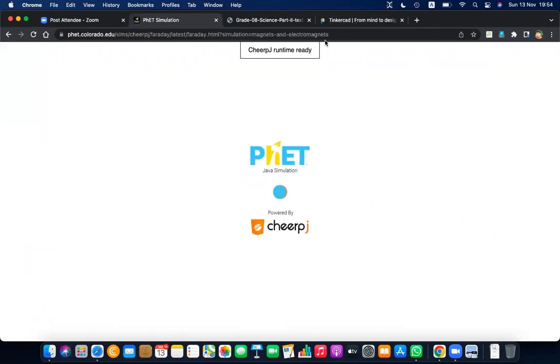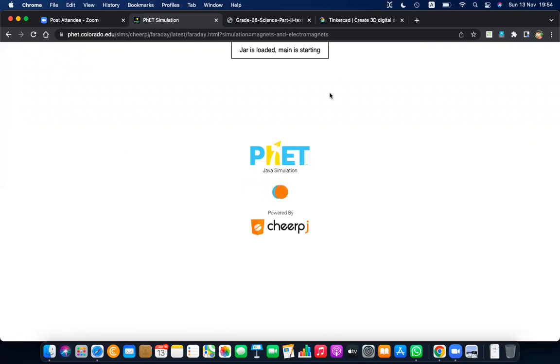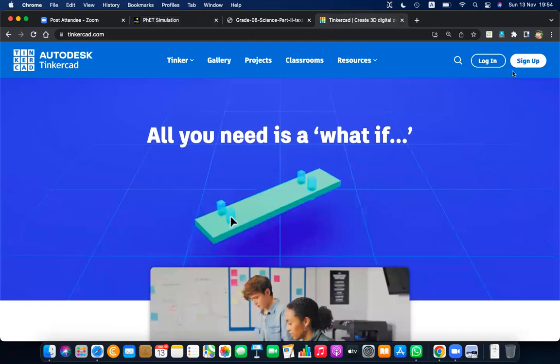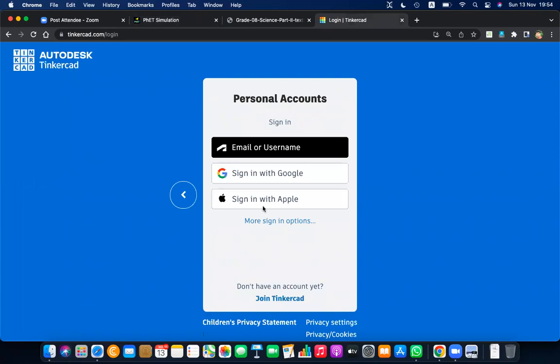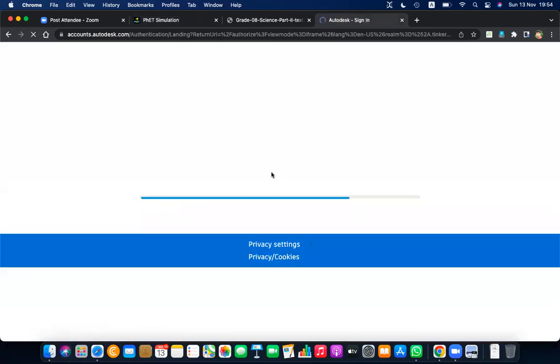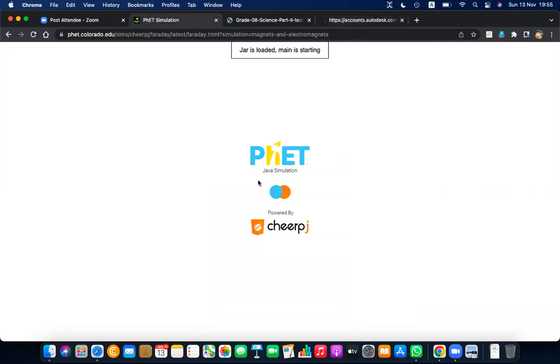This is loading. This is still loading. Why is that?